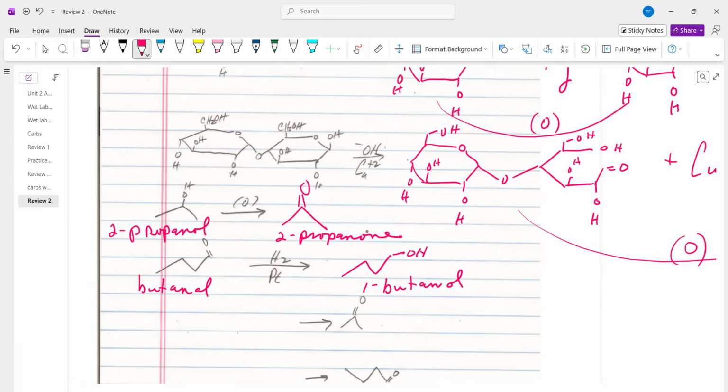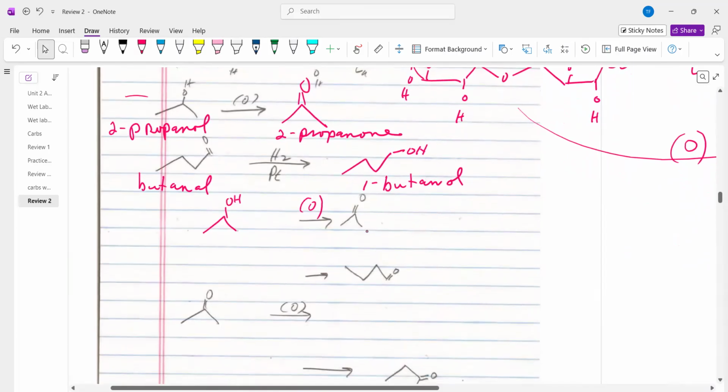Okay, here's the same reaction that we did up here. We need to oxidize a secondary alcohol to get a ketone. I'm not going to name it because we've already done it.